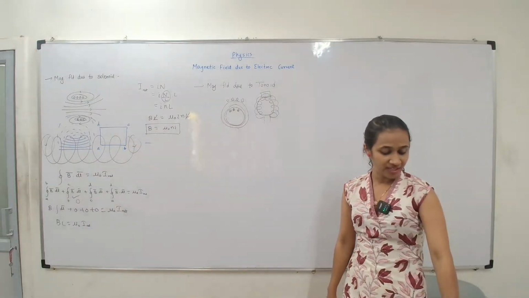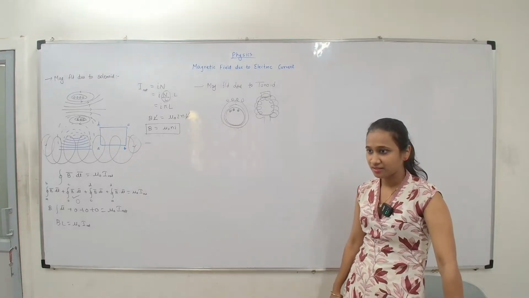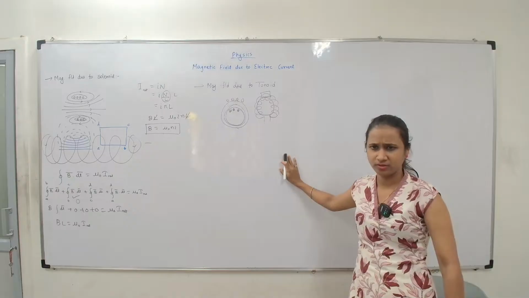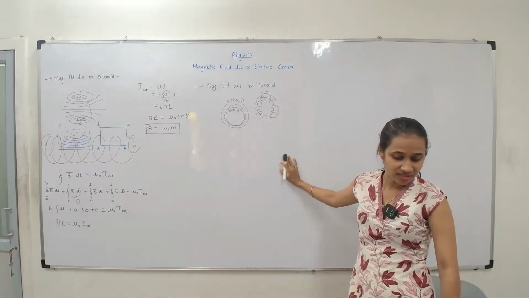Now magnetic field lines are concentric circles, is it? These all are the circles having a same center, that is the center of the toroid. So they are the concentric circles in the toroid.